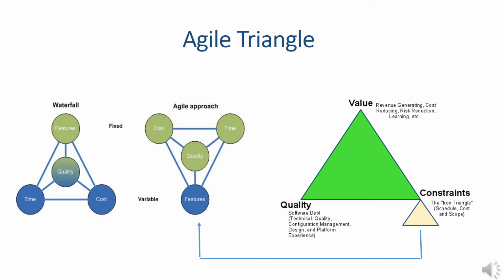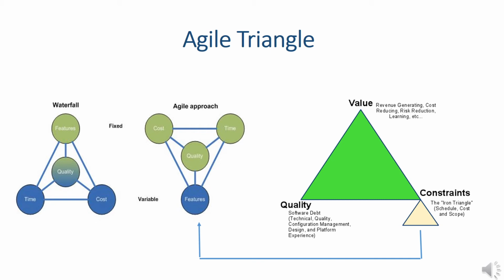So value, number one. Value in Agile is not exactly your revenue generation. Of course, it's a component of it, but it's not the sole and only thing. Value in an Agile Triangle is equal to your end user delight.